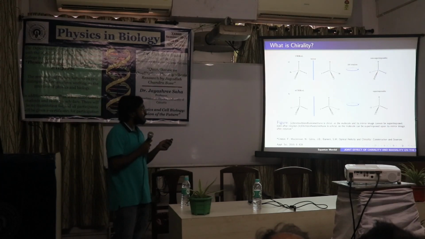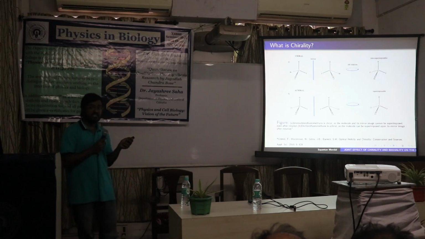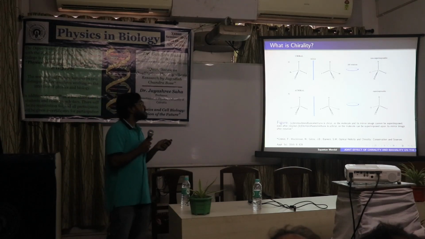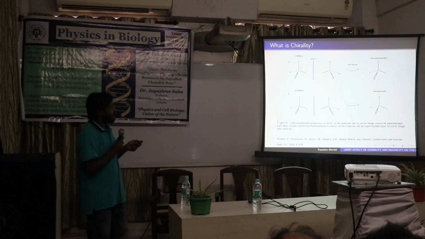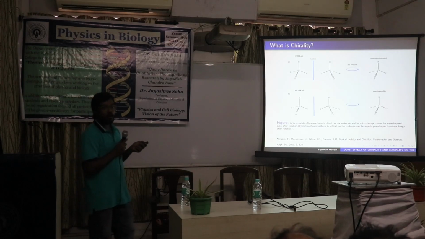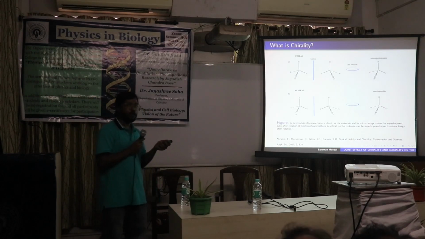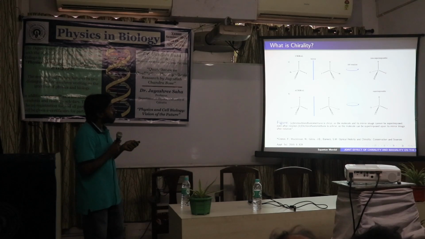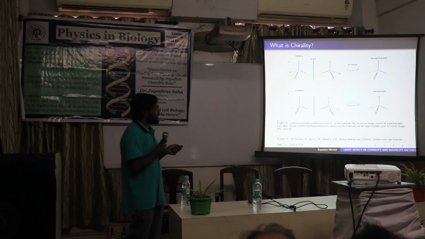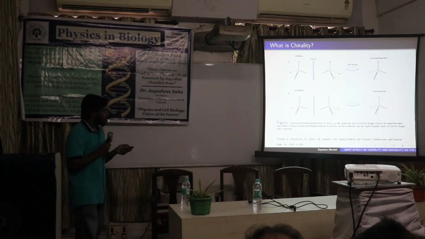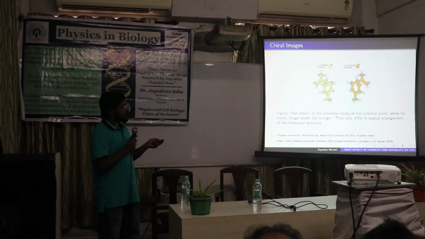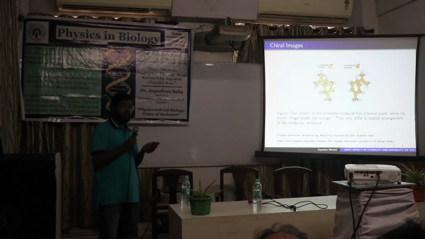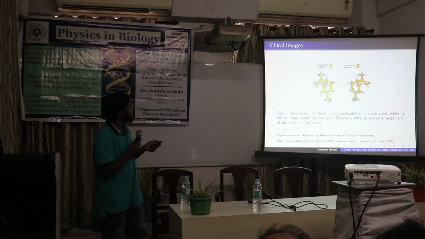So the molecule doesn't come back to its initial configuration. That's why it is chiral. But in case of achiral, also called a meso compound, the molecule after a rotation followed by a reflection comes back to its initial configuration. So that's how chirality or molecular handedness is specified.